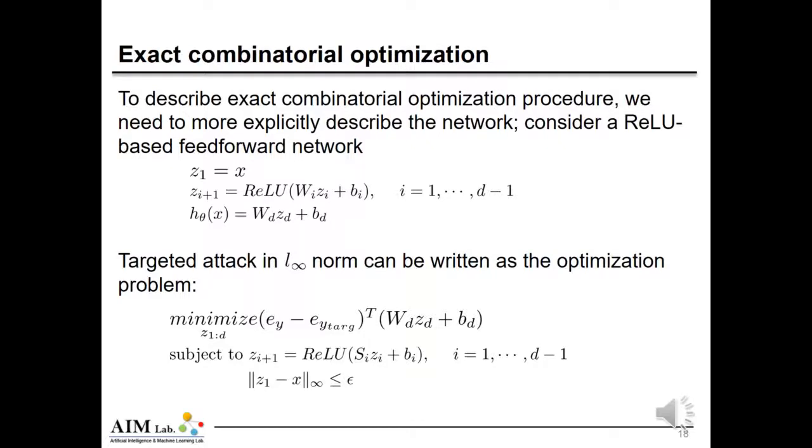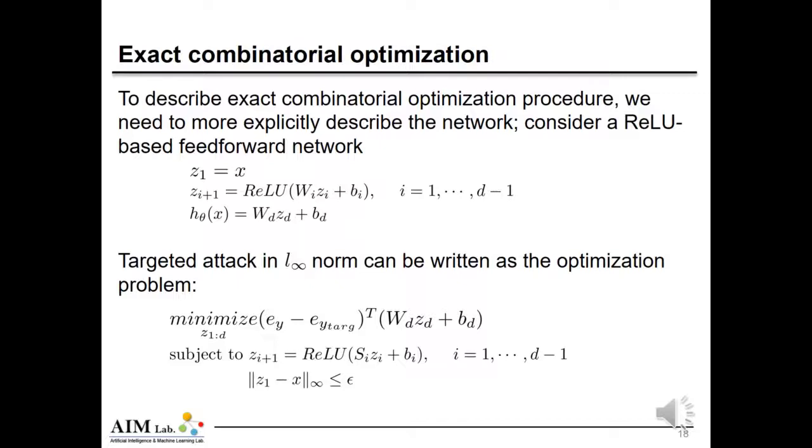We can write our network explicitly as a multilayer ReLU network. Let's say Z indicates the linear function's output of the previous layer, and h is the class logits. And now we can actually write the targeted attack as an optimization problem.